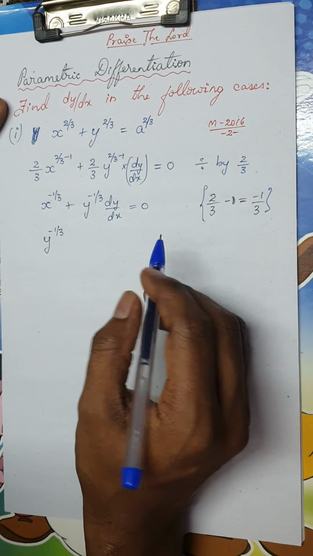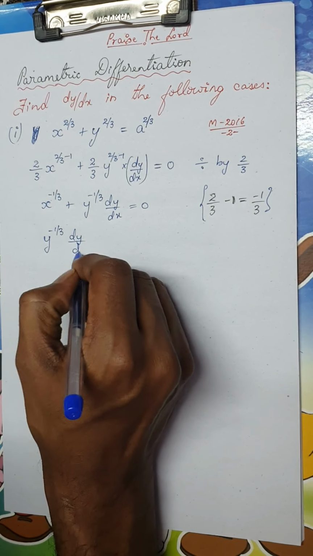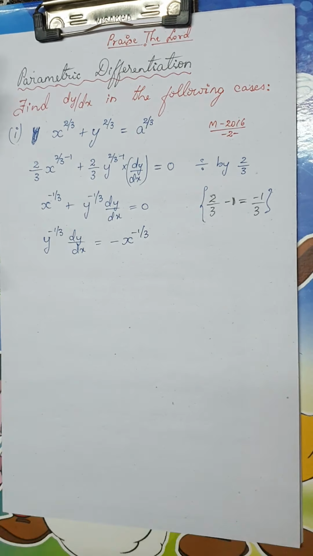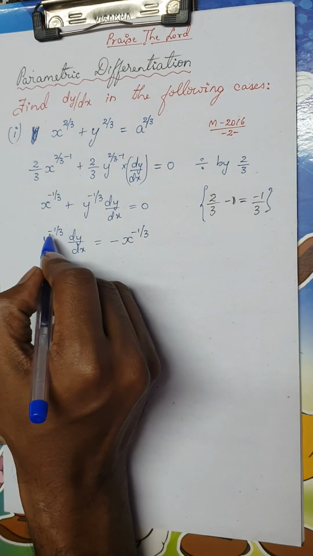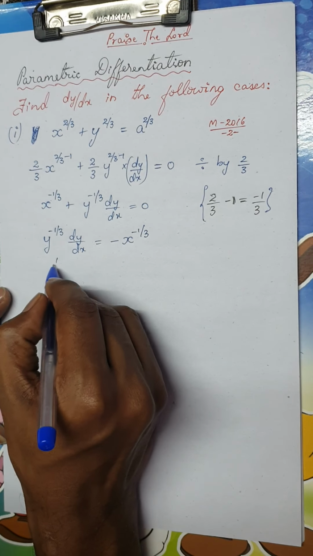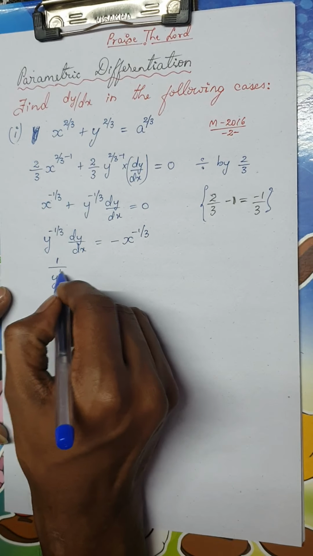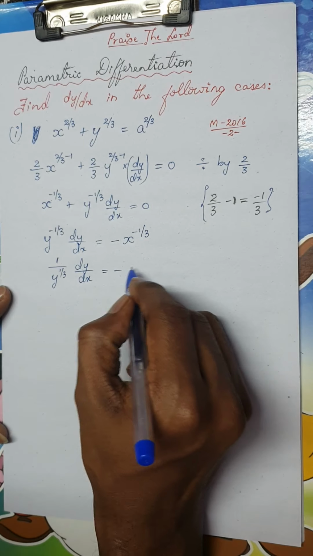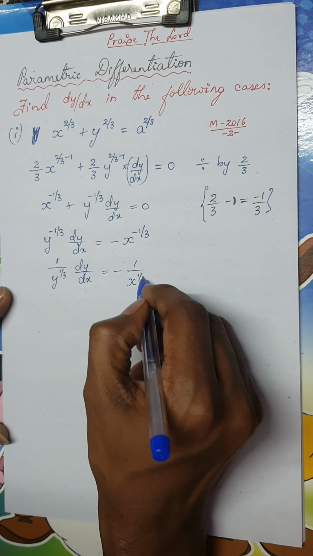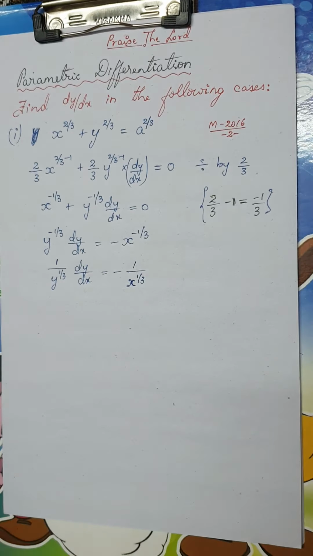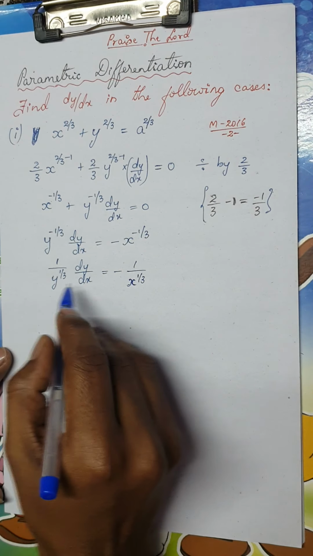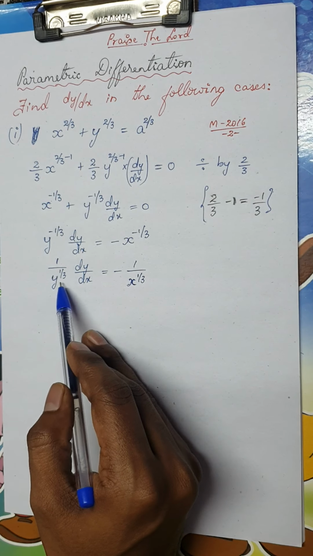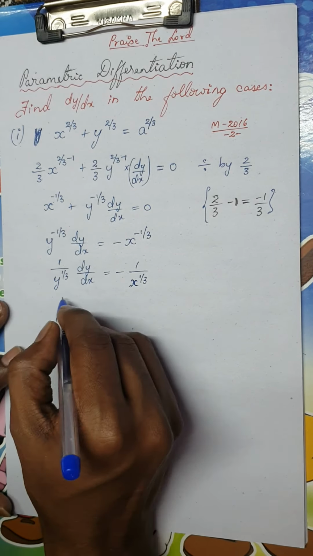I will get y power minus 1 by 3 into dy by dx is equal to minus of x power minus 1 by 3. Now because the power is negative here, if I take the reciprocal, that is 1 divided by y power 1 by 3 into dy by dx is equal to minus 1 divided by x power 1 by 3. Just as the power of a square root is 1 by 2, here I am going to use the cube root.